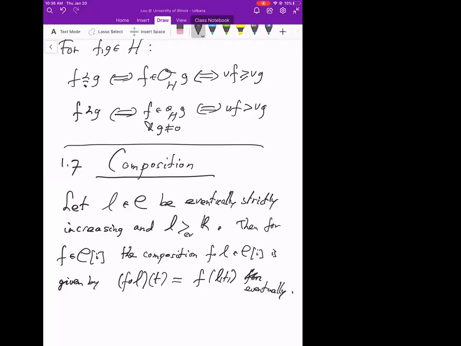Again, it doesn't make any difference with which representatives you take, you always end up with the same germ. And this gives you the map F goes to F composed with L from C_I to C_I, which is an automorphism of the C-algebra, if you like.